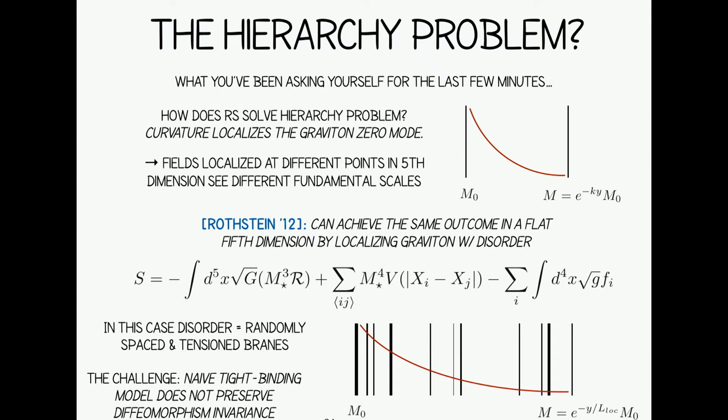So let's imagine this is the coordinate of the 5th dimension, and let's imagine I scatter branes, 4-dimensional branes, at various points along that 5th dimension. Now, let's just imagine that I vary randomly the positions of the branes, so I put them at random different places in this 5th dimension, and I give them randomly different brane tensions, right? So the 5-dimensional gravity is going to couple to the tension on each brane, and I just imagine I pick a random distribution of tensions of the branes.